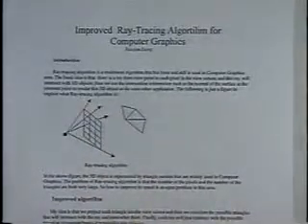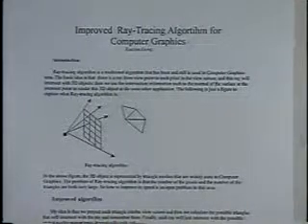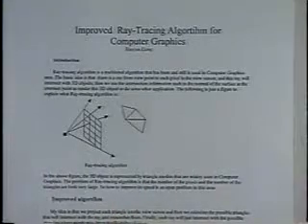From the viewpoint, we have many rays, which will intersect with these 3D objects. The problem is that there are many pixels in the view screen. The number is very large, and at the same time, the number of triangles is also very large. So the speed of ray tracing is very slow.